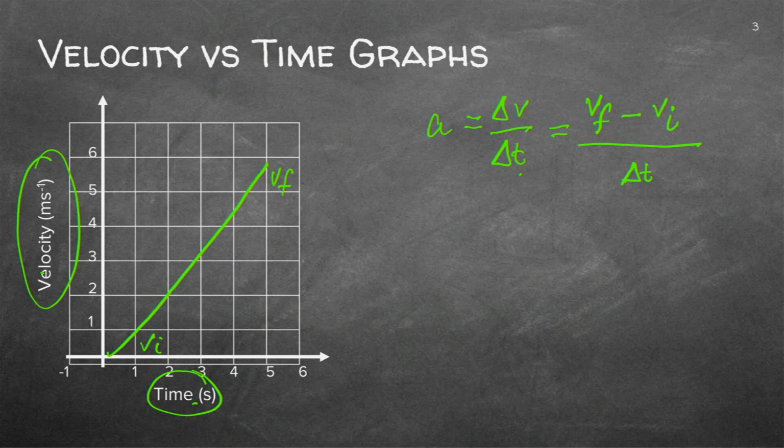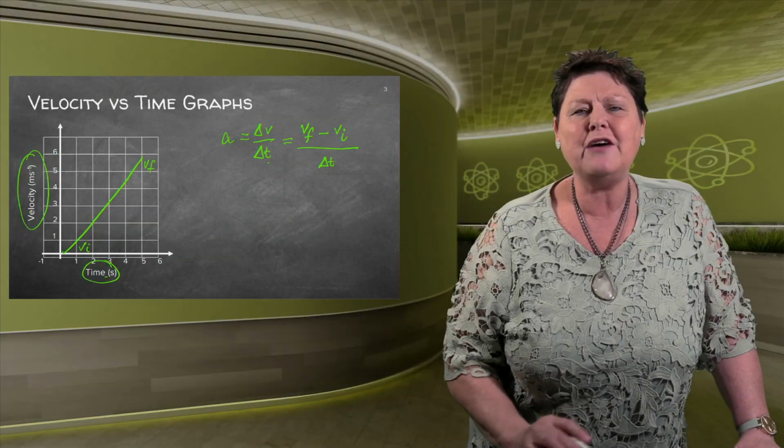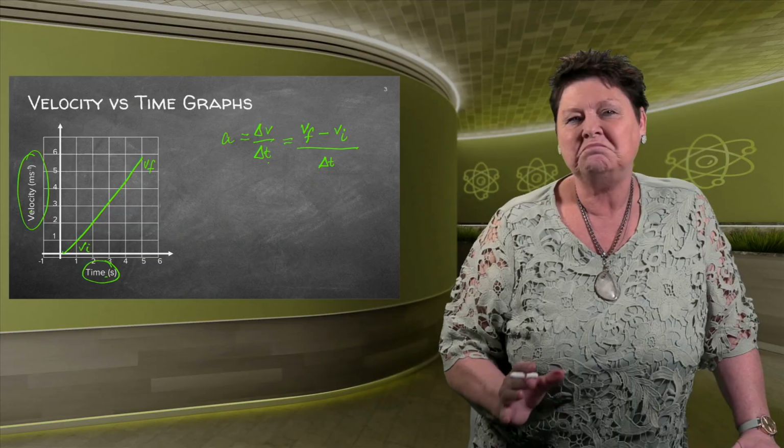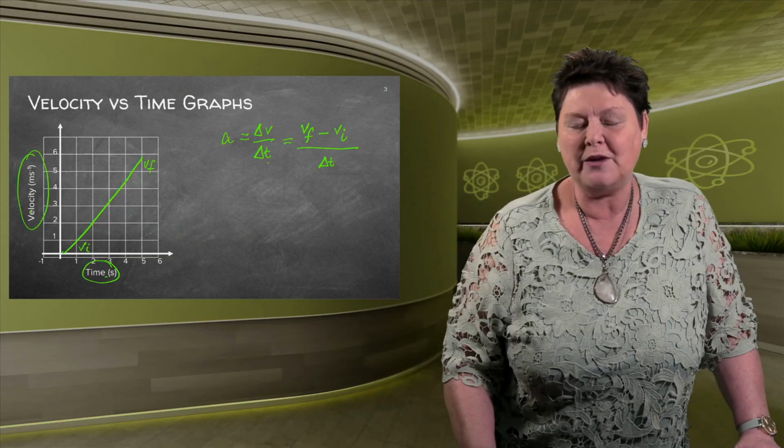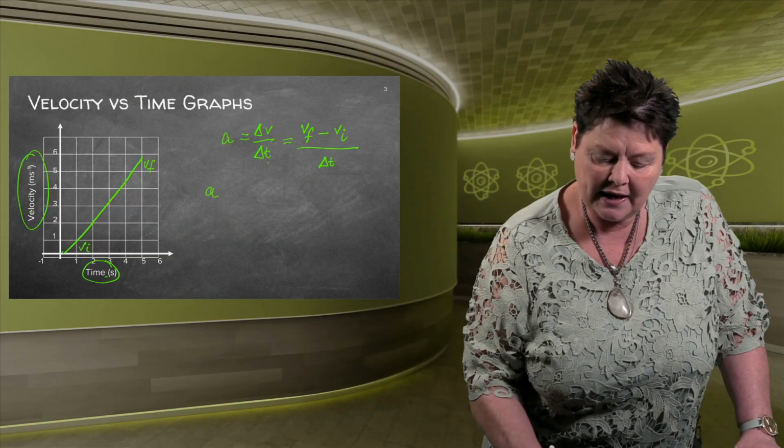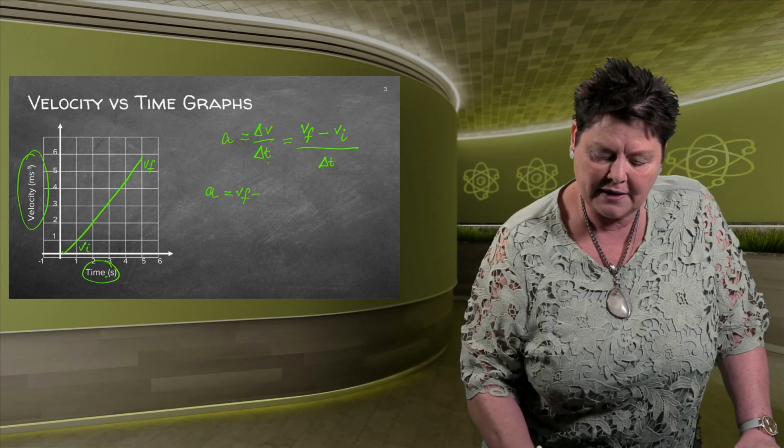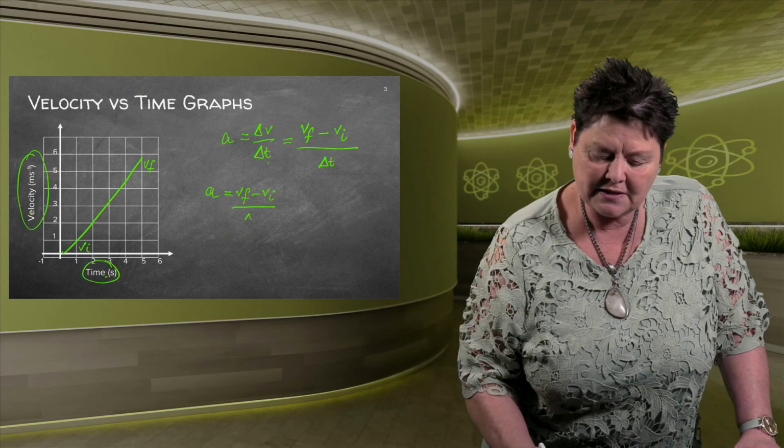And now I'm going to start manipulating the equation to find my movement equation or kinematic equation. Be careful, you never have to deduct this, but it's always better to understand where it comes from. So I've got a equals vf minus vi over delta t.